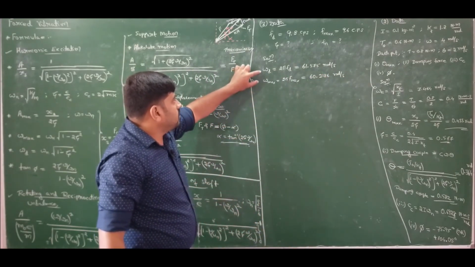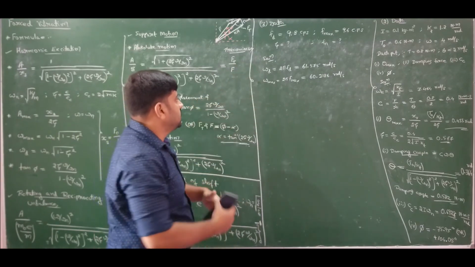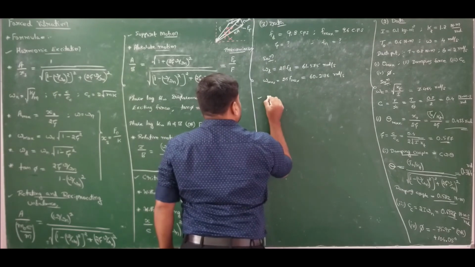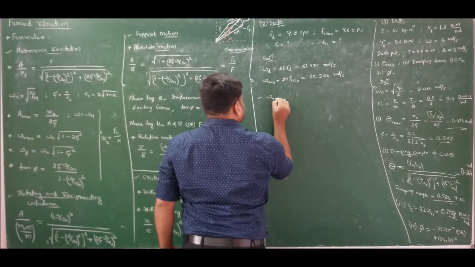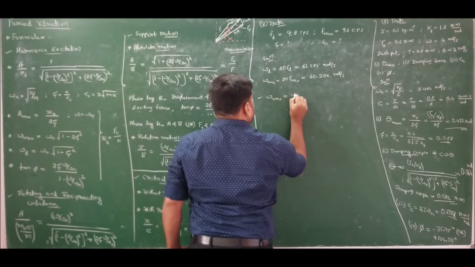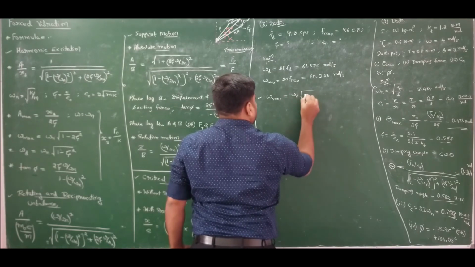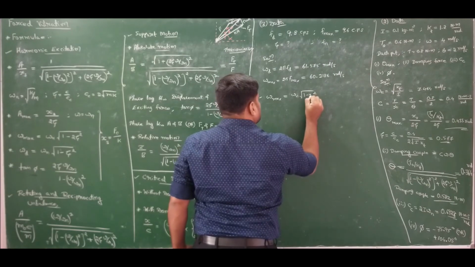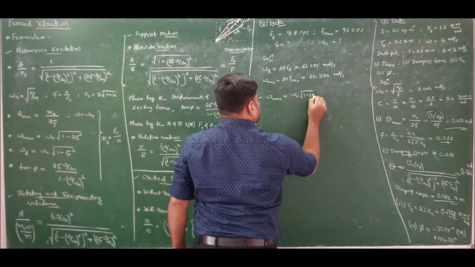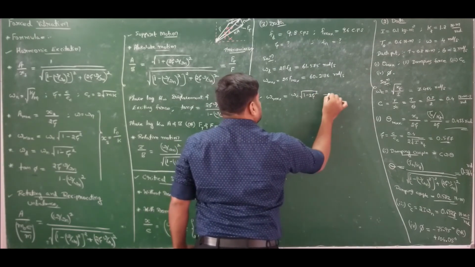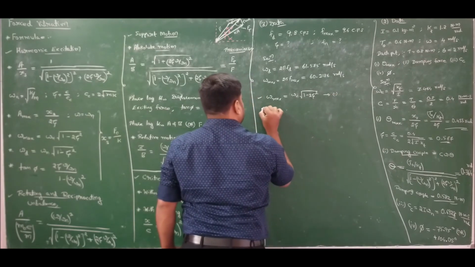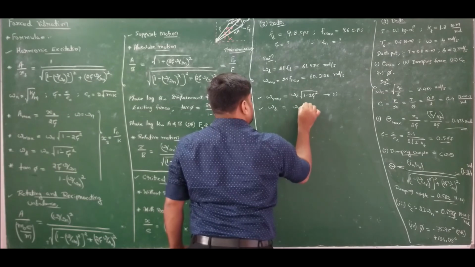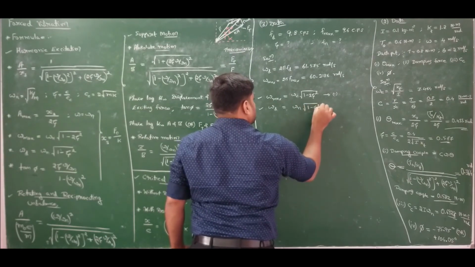We know the formulas for omega d and omega max. Let us use that. What is the formula for omega max and omega d? We know that omega max is given by omega n into root of 1 minus 2 zeta square. Take it as equation 1. Similarly, omega d is omega n into root of 1 minus zeta square.